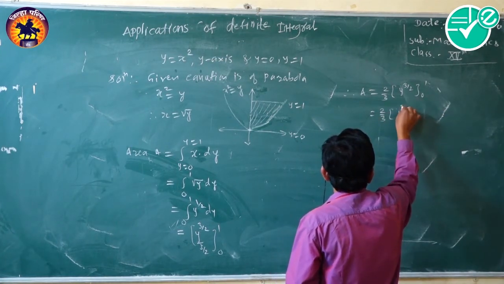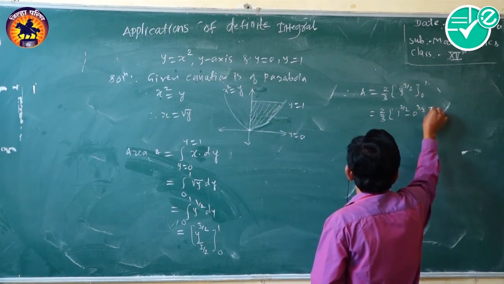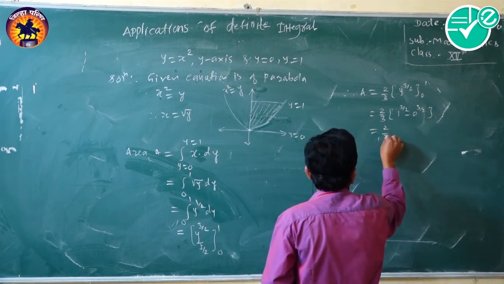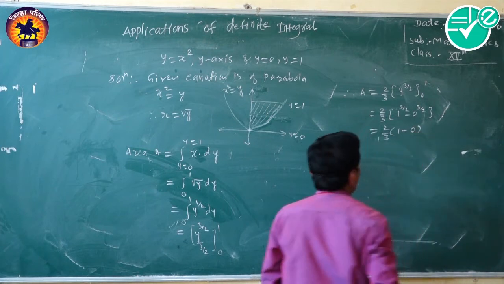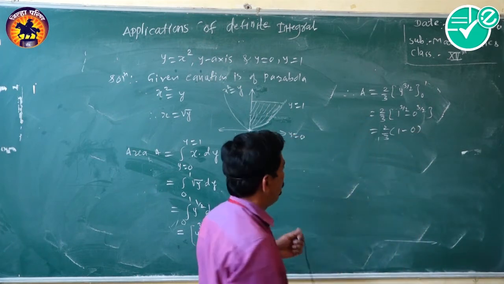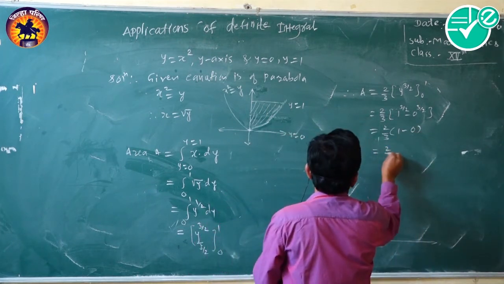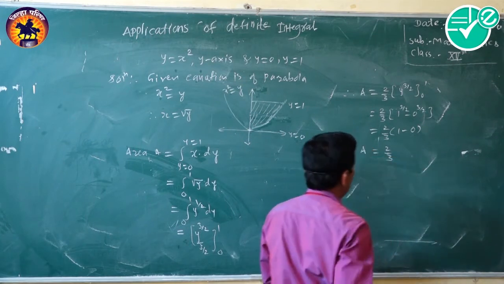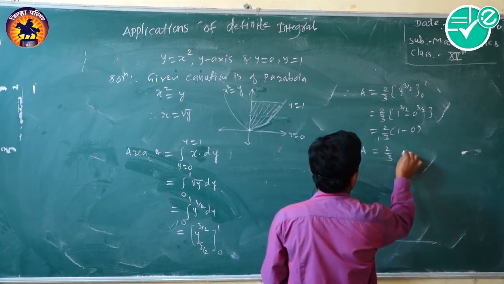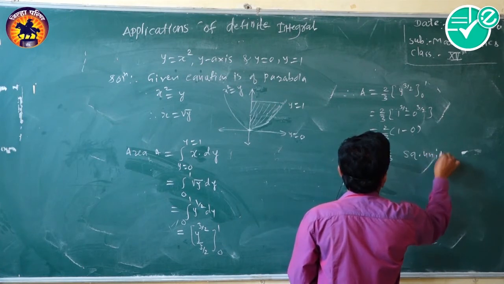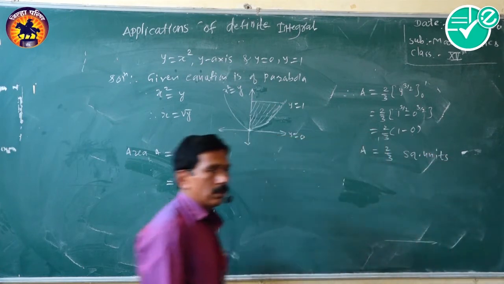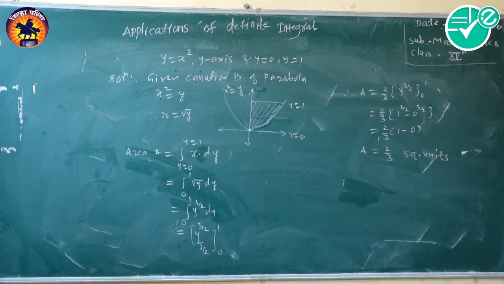Substituting upper limit, 1 raised to 3 by 2 minus 0 raised to 3 by 2, it is nothing but 2 by 3 into 1 minus 0, that is any power of 1 is 1, hence A is equal to 2 by 3, and therefore we can write square units, because area is calculated in square units.